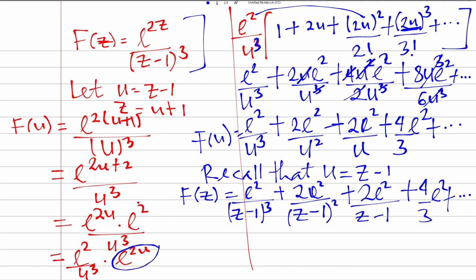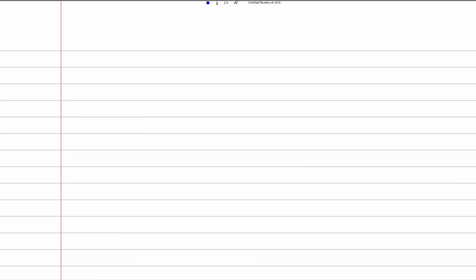So now let's look at the second example. I believe that you can do the second example by yourself. All you have to do is apply the sine expansion. So I'm going to do this for you and then you complete it.